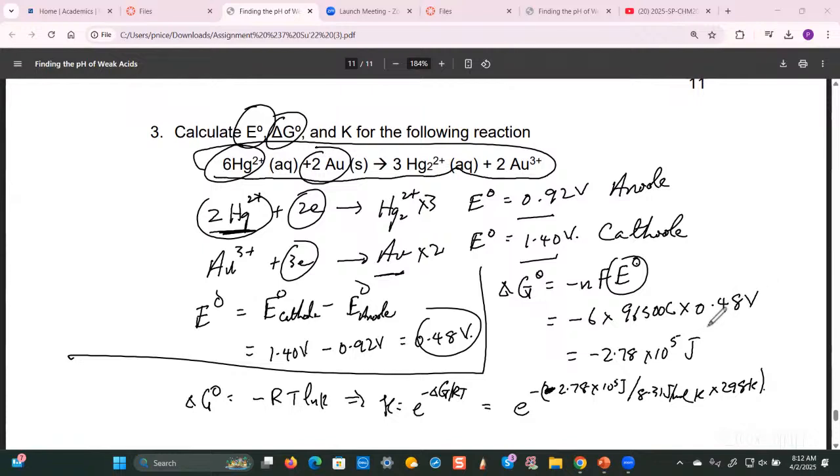And by the way, this here should be joules per mole, because this should be coulombs per mole. So this should be joules per mole here.